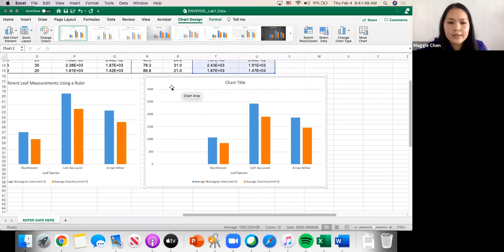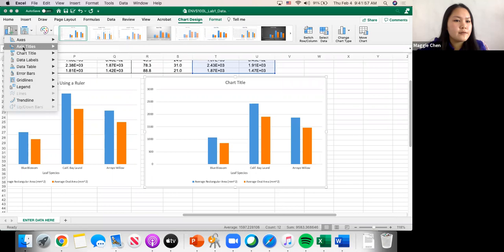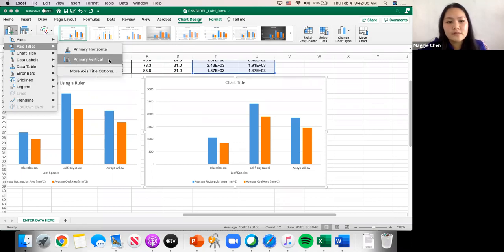Now we're going to want to add in our vertical axis title. So back under Add Chart Element at the top, here we're going to hover over Axis Titles, and right underneath Primary Horizontal, we'll just add in our primary vertical or y-axis.